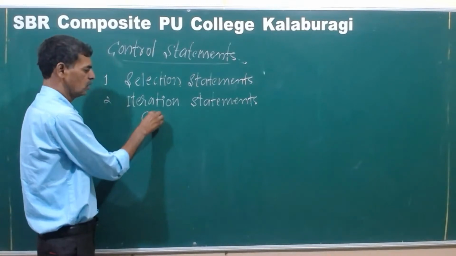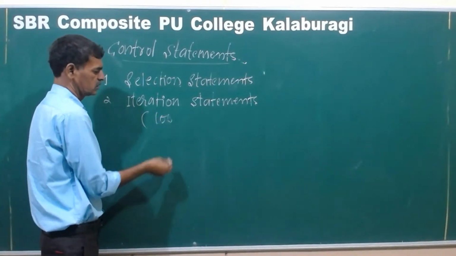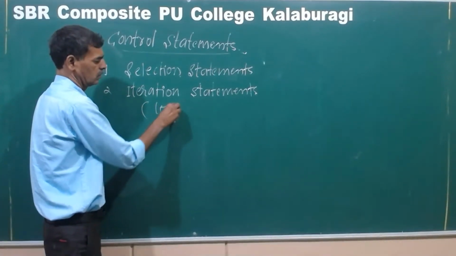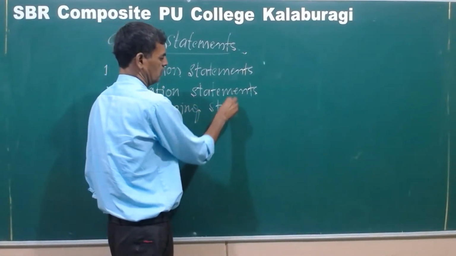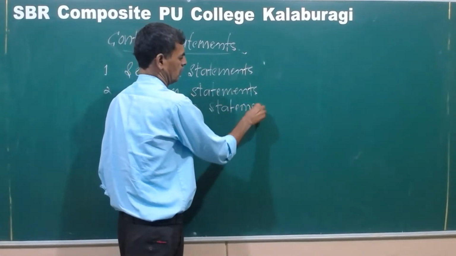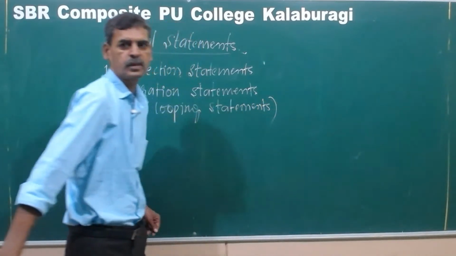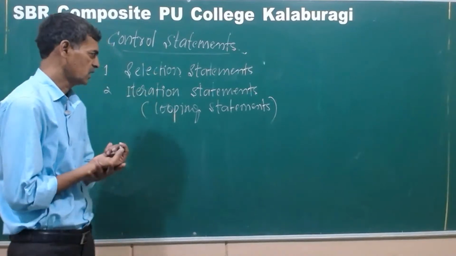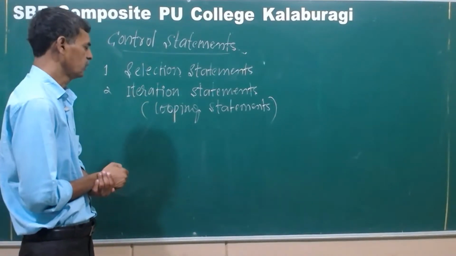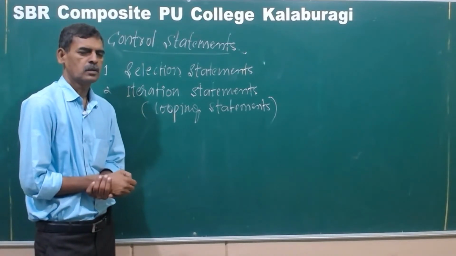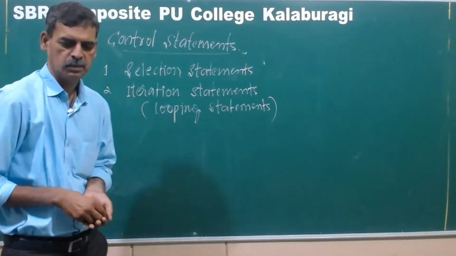Iteration statements are also called looping statements. The first one is selection statements, and the second one is iteration statements or looping statements. We'll start with selection statements.